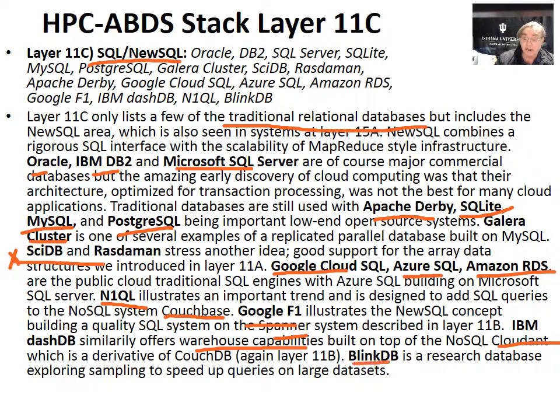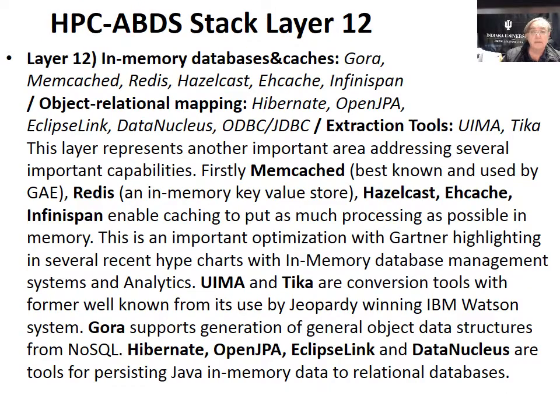BlinkDB is sort of out in left field. It's a research database from Berkeley, which explores sampling to speed up queries on large data sets. Okay, this is the last slide of this lesson, layer 12. Not so much here. This has actually multiple types of things. In-memory databases and caches, as I mentioned, this is critically important to get good performance.